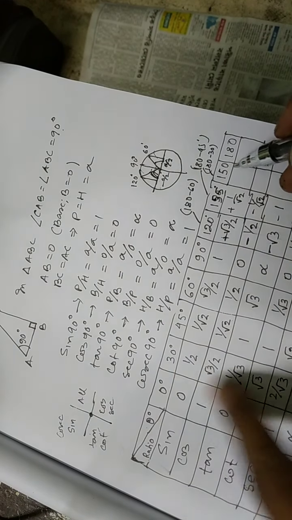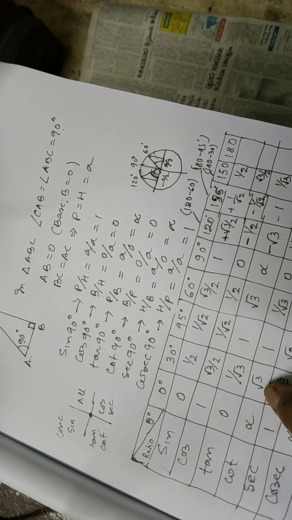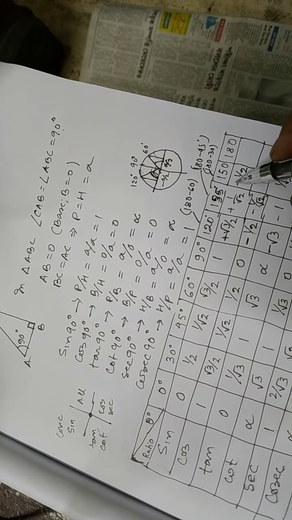Just go to the 30 degree column, write down all the values of 30 degree, and again this is positive, all others negative.